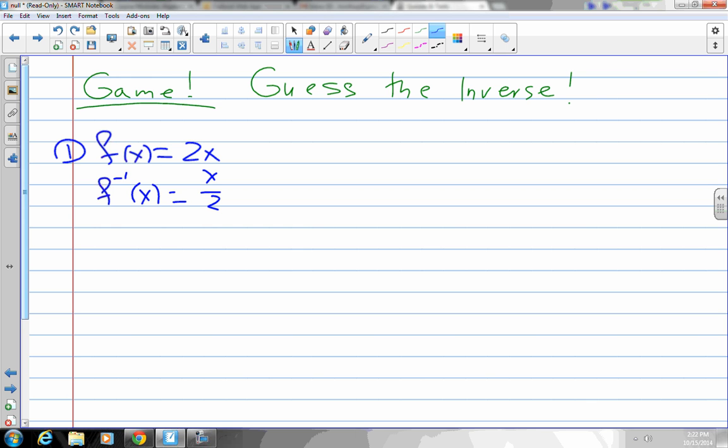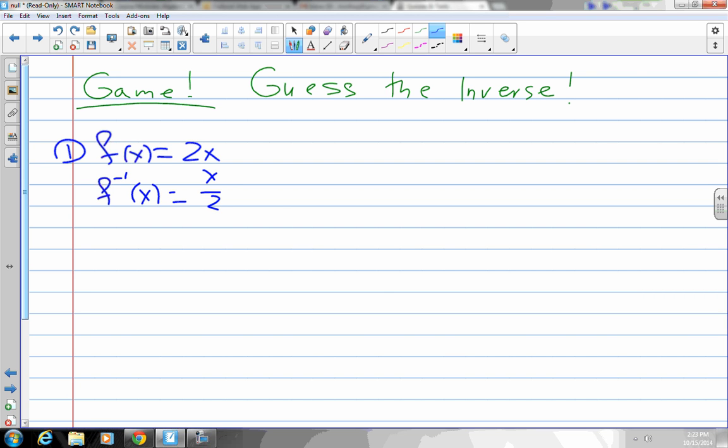How do you check whether your answer is correct? Well, you take the composition. If I take the composition of both functions in both orders, the answer should be x. And it is, right? Let's do it mentally. 2 times x over 2 is x, and 2x divided by 2 is also x. So whichever you compose, you get x. So we're good.